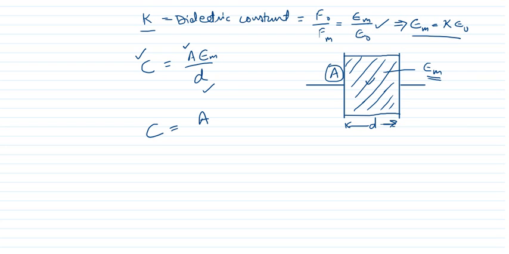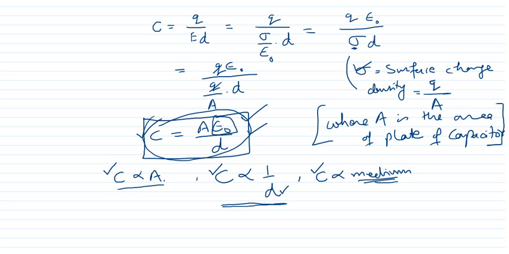That is equal to K into epsilon naught upon D. So it will become K epsilon naught upon D. Therefore, this is the capacity with the medium, and you can see that now Cm is equal to K into C, and C is this expression, capacity with vacuum.